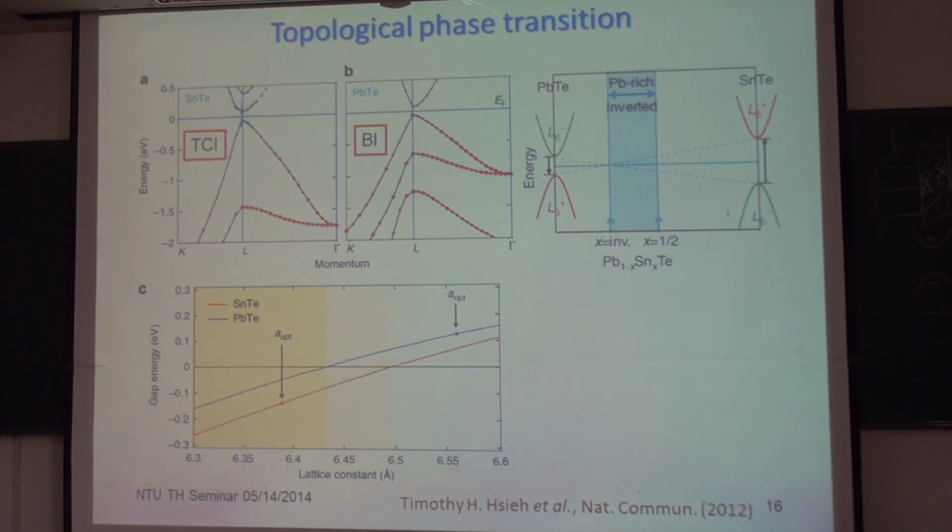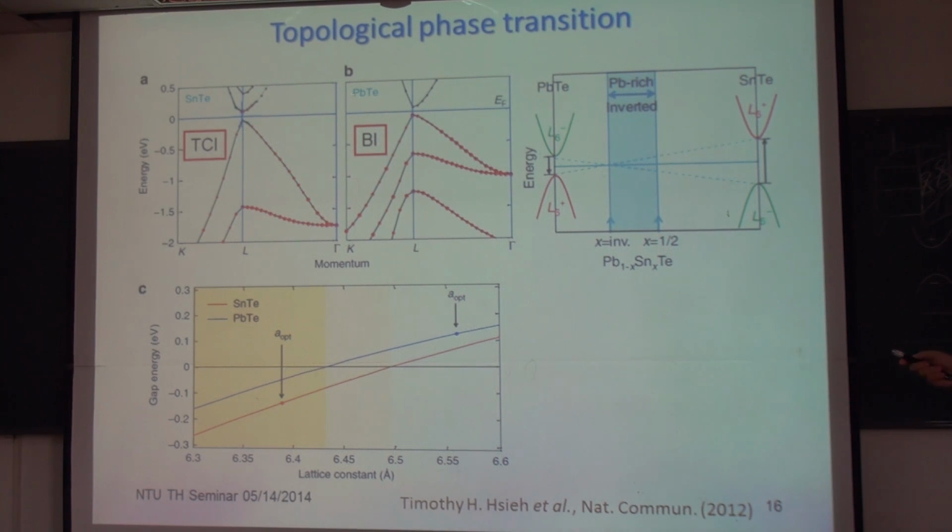And there is another feature. Another thing in this system is that you can study topological phase transition in this system by simply replacing tin by lead. Here I just show two simple band structures. Here for tin telluride, you have an inverted band, as you can see here. You have the red dot in the conduction band.